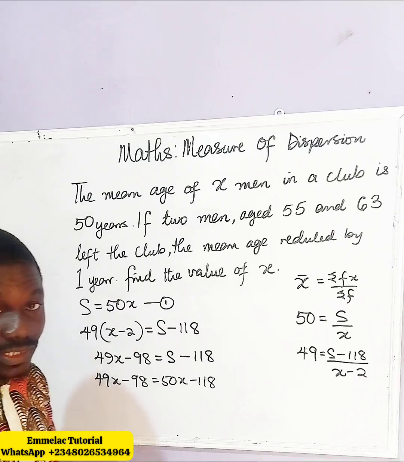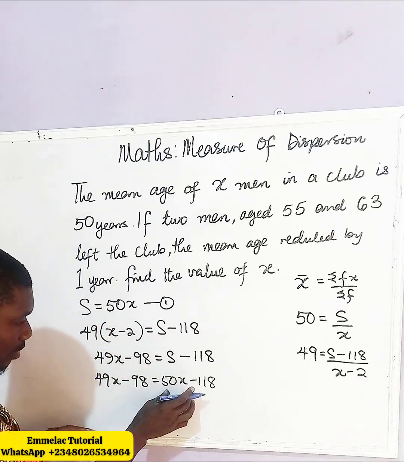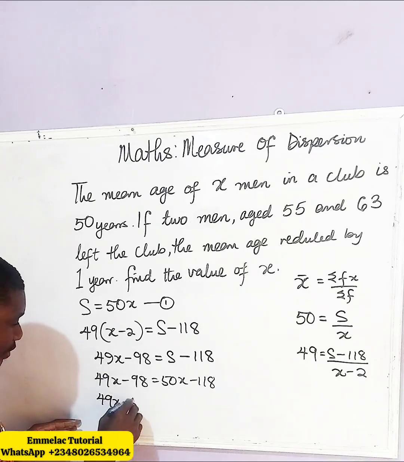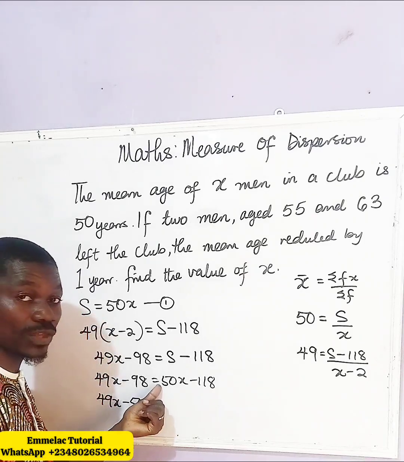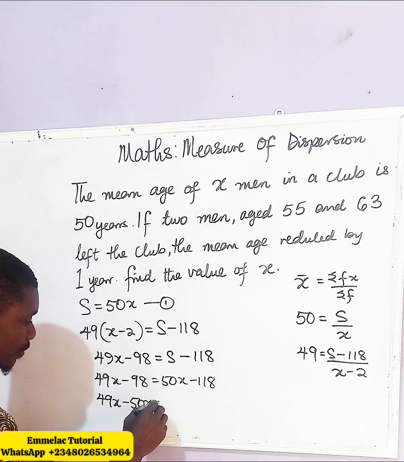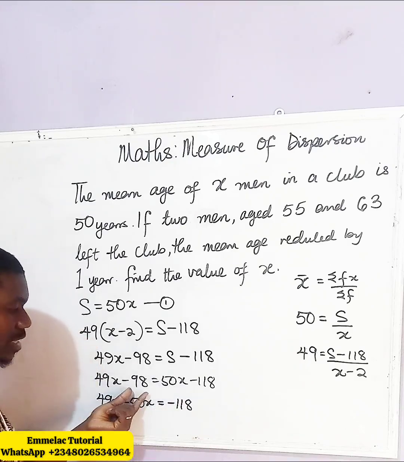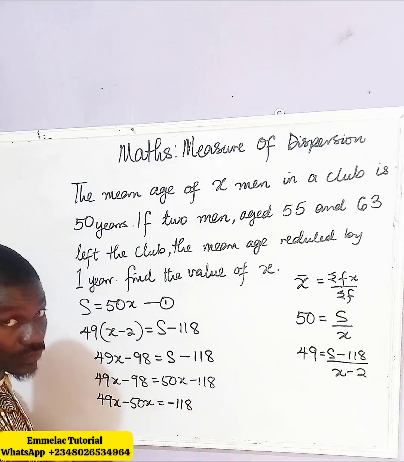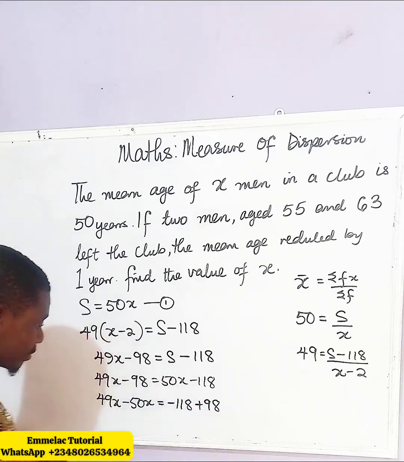Let us collect like terms. Here we have 49x minus 50x, because 50x crossing the equal sign becomes minus, then we are left with minus 118. Then minus 98 crossing the equal sign gives us plus 98.